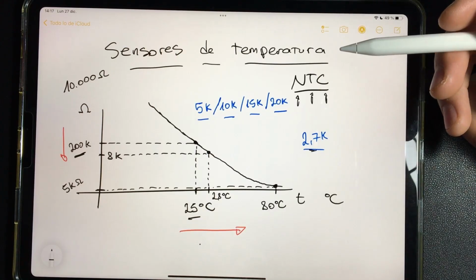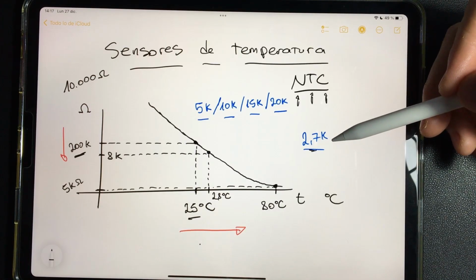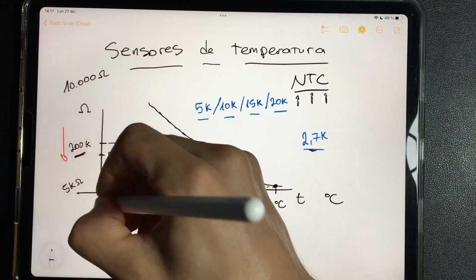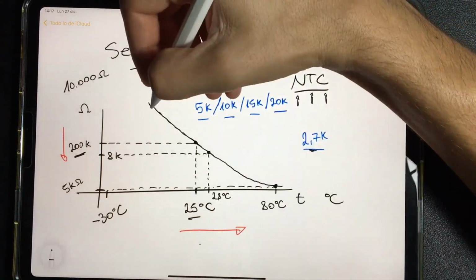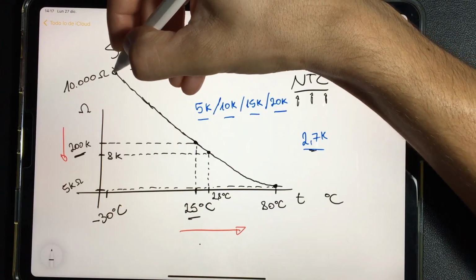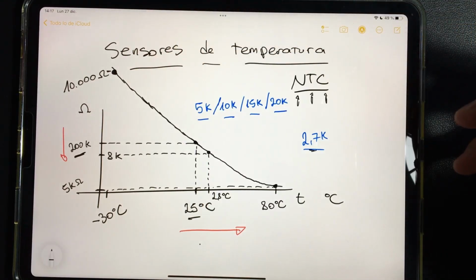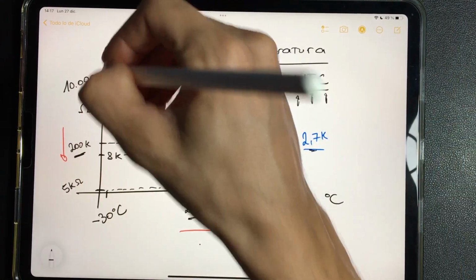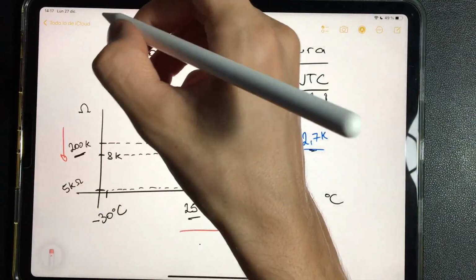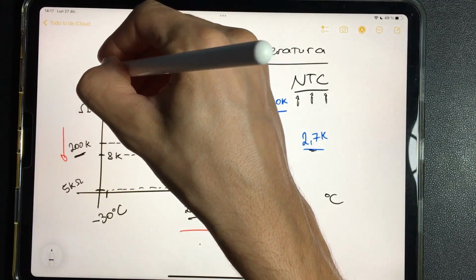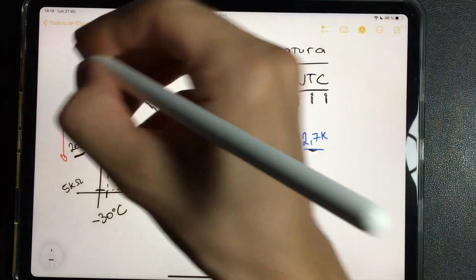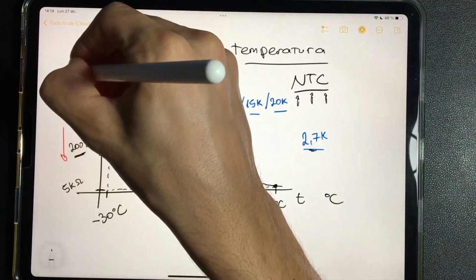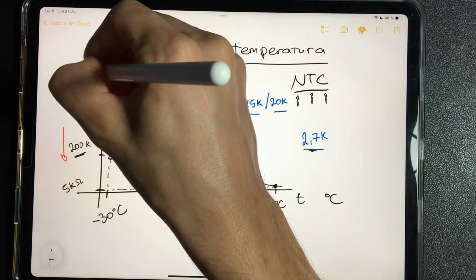In these refrigerator freezers, we find sensors of low resistance, so that when the temperature drops and reaches the point that the board wants to read, the value in ohms is appropriate for that electronic circuit to understand it, perhaps 15 to 20 kilo ohms, approximately. I'm going to erase this and we'll continue with our graph. This would be the case of a freezer, and at this point I'm going to find 20 kilo ohms.